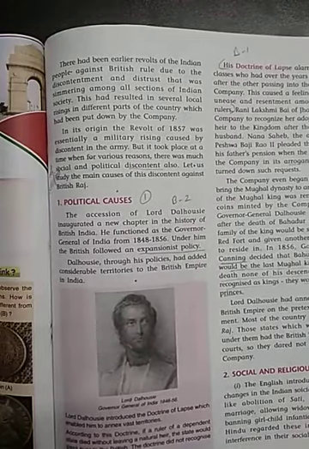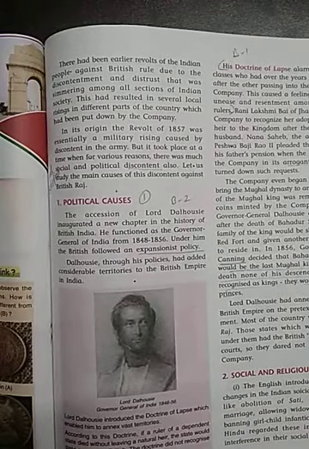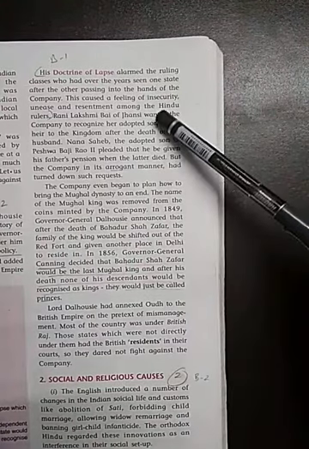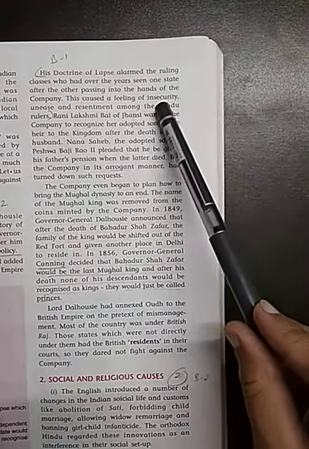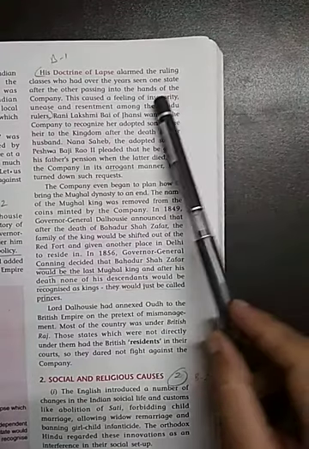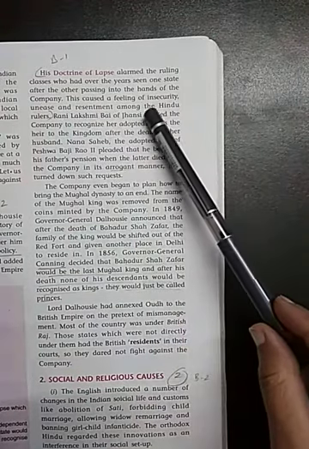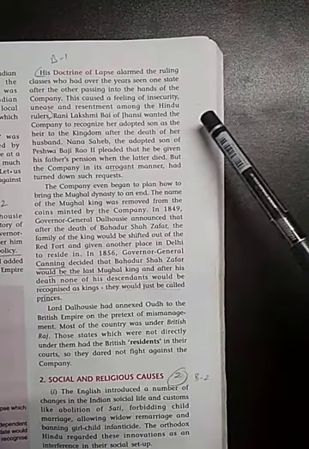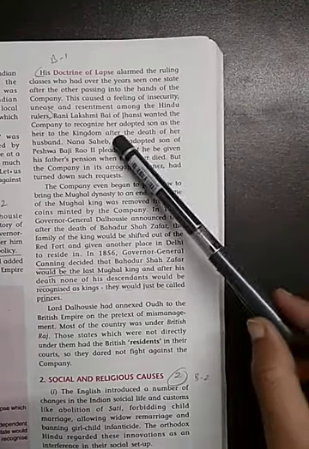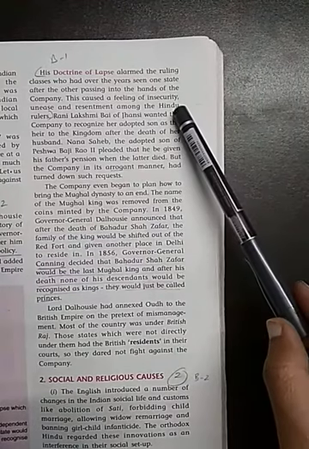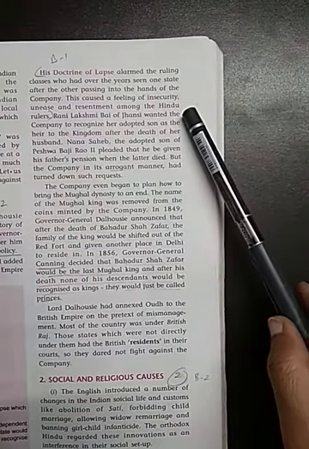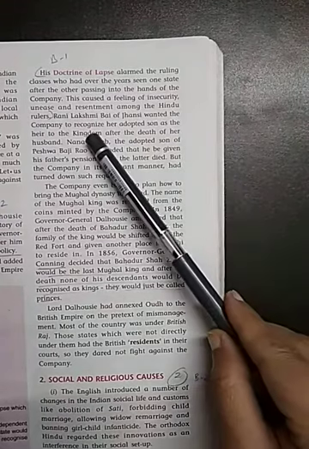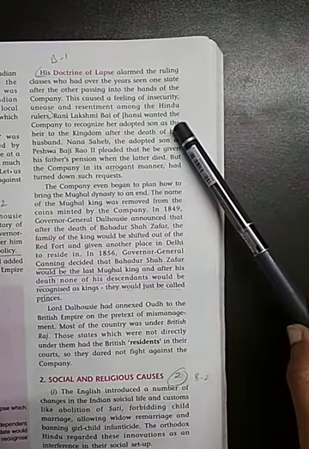So let us start with his main policy, the doctrine of lapse. The doctrine of lapse alarmed the ruling classes, who had over the years seen one state after the other passing into the hands of the company, because they were seeing that in previous years, one after another, many Indian states were annexed by the Britishers, and this caused a feeling of insecurity, unease, and resentment among the Indian rulers.